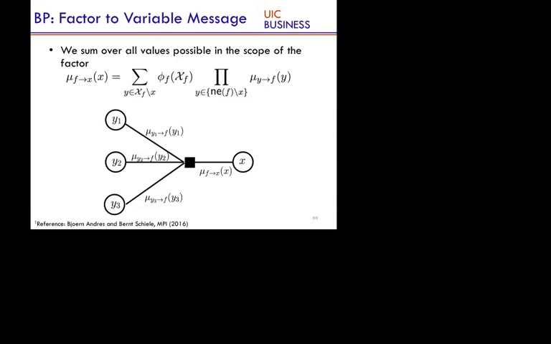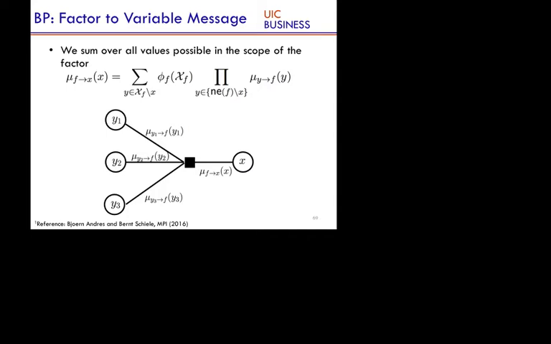I can do this symmetrically. I can now change x to y3 and do the same computation. Again, flip y2 to this side and x to that side, do the same computation, and so on. So there are a lot of computations happening, but for a snapshot, I'm just showing you how to generate a message.